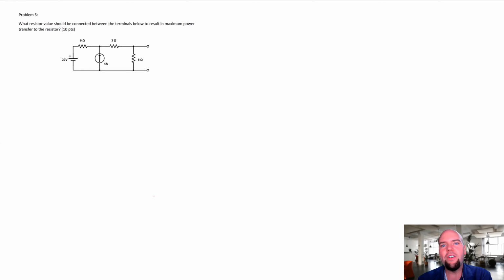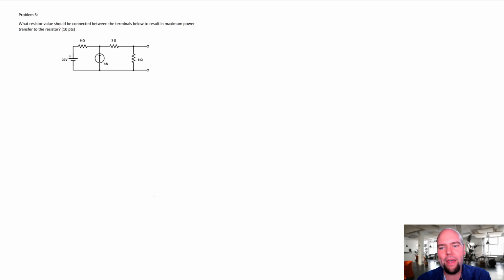So how do we find the Thevenin or Norton equivalent resistance? Two ways. We can find the short circuit current and the open circuit voltage and take the voltage divided by the current, or we can use the shortcut. We can set all the supplies to 0 and find the equivalent resistance relative to the terminals. Because all we care about is that resistance, that's really what we're being asked to solve for.